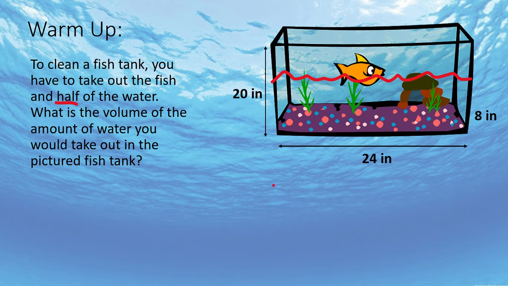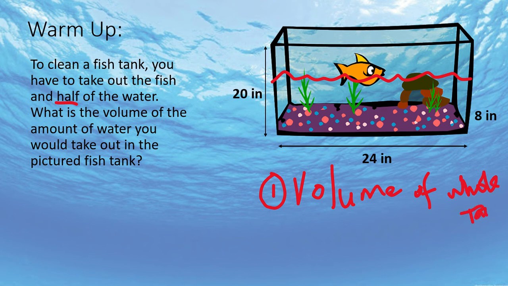I would say first we need to find the volume of the whole tank, and then because we're only talking about taking out half of the water, which would represent half of the volume, our second step would be to divide by 2. And that would give us half. So this is our strategy here.